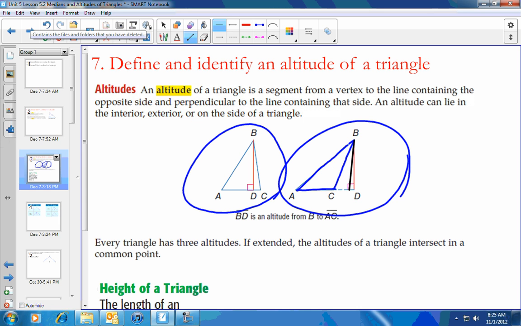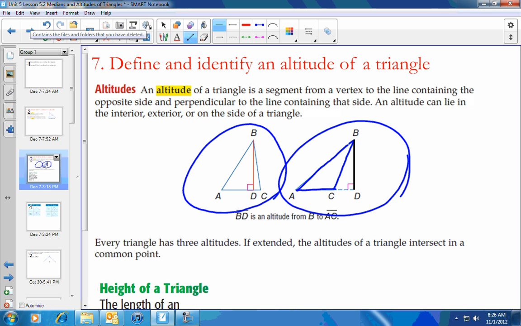So you extend segment AC, and now you can draw a segment that's perpendicular to it. So that's the reason that the definition of altitude is a little complicated, because it has to take into account the possibility that you might be perpendicular to the line containing that side instead of the actual segment itself. Have I over-explained that? Does that make sense?